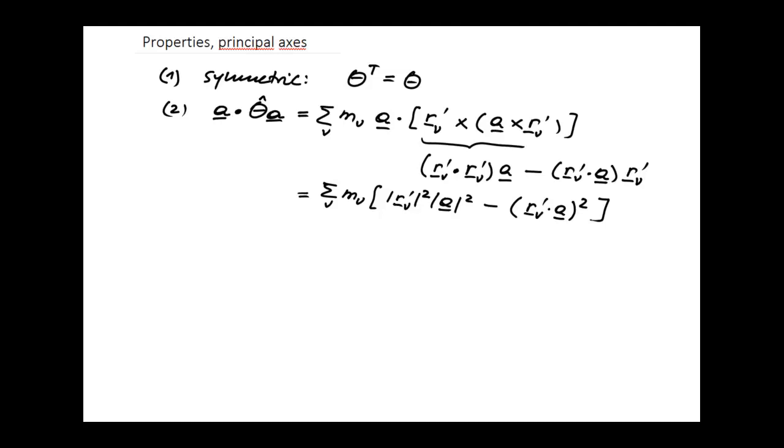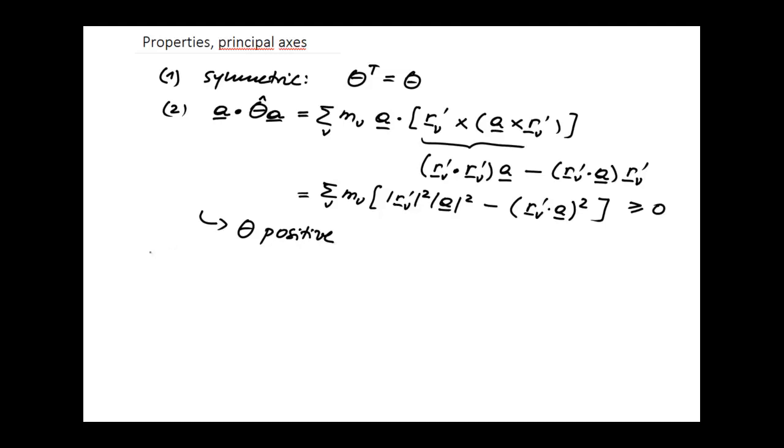So in other words, the square bracket itself is always larger or equal to 0. And the masses are also positive, so the whole thing is never negative. It's always larger or equal to 0. And this means, by definition, that theta is also positive. So it's symmetric and positive.